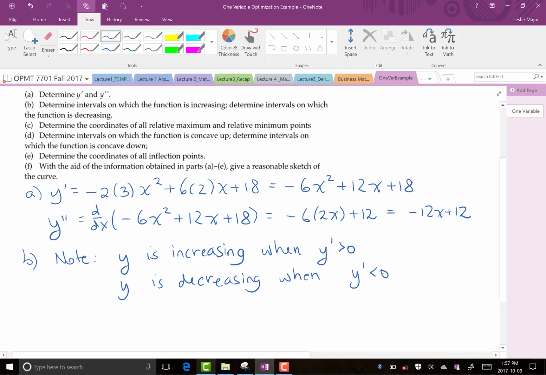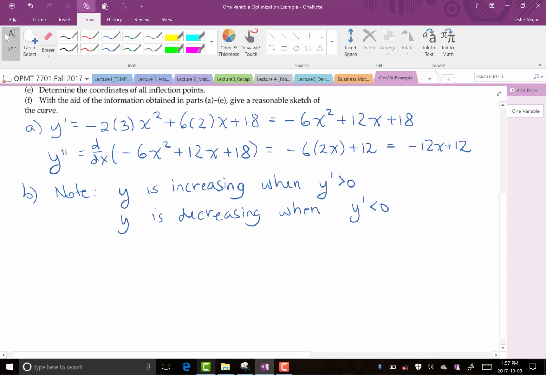Okay, so let's go figure out first where y prime is equal to 0, and that's where it's going to change from increasing to decreasing, and that will help us to determine when it's increasing and when it's decreasing.